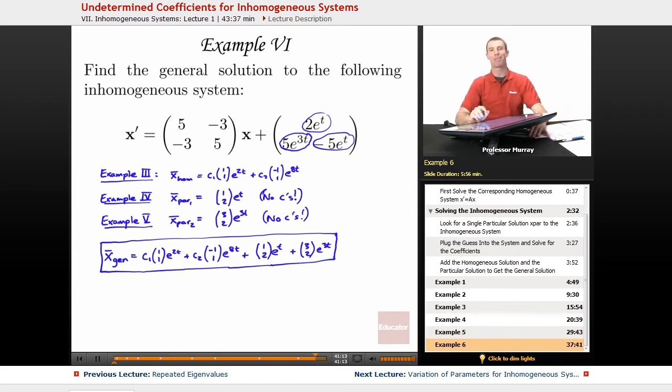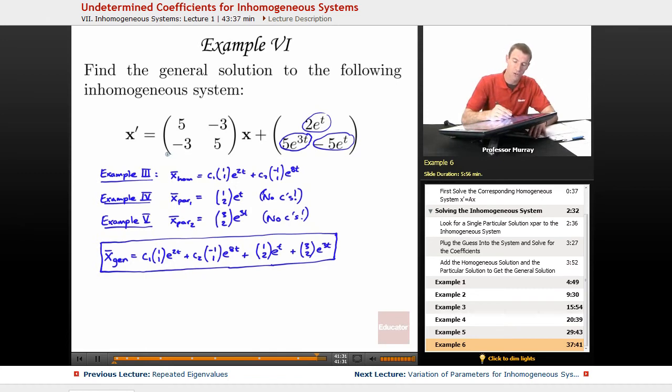So let's recap everything I did in this example, which actually wasn't much work at all, because we did all the work in the previous examples. If you haven't watched those previous examples, that's where I'm getting all these individual solutions from. In this example, we're just assembling them together.